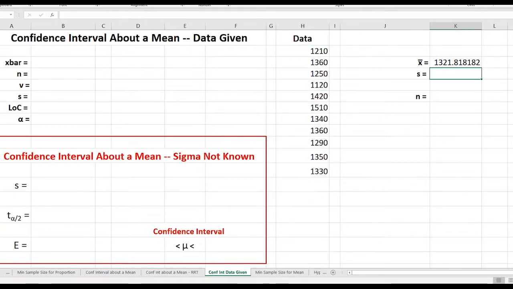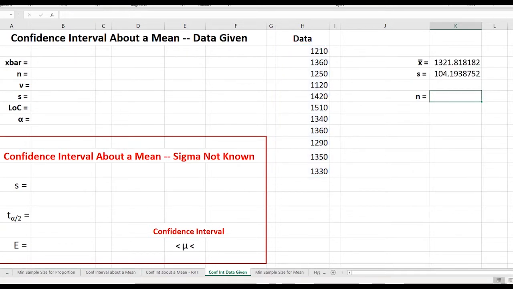We have s equals, and that's the sample standard deviation, equals stdev.s. And again, I'm going to drag all of that, or capture all of that, close, and press enter.